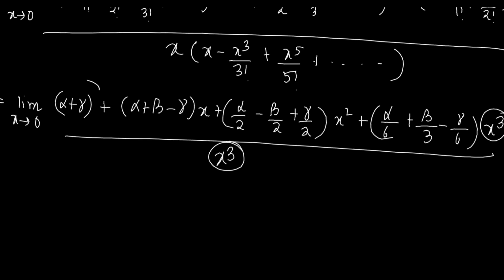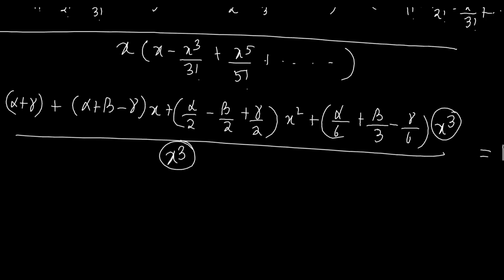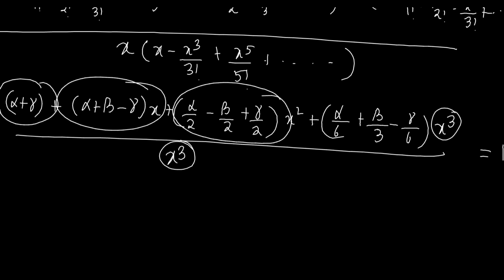So this portion and this portion have to be 0. Okay, then we can write that this is actually what, 10, and this will cancel it. So we will get 10 as the answer. So we have to check that this is equal to 10, this is equal to 0, this is equal to 0, and this is equal to 0.